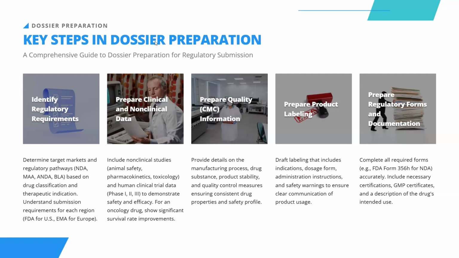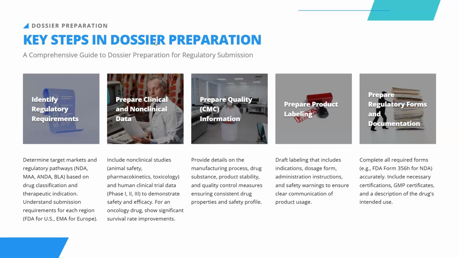Then you have to provide details on the manufacturing processes, drug substance, product stability, and quality control measures, ensuring consistent drug properties and safety profile. Then you have to prepare and draft the label that includes indication, dosage form, administration instructions, and safety warnings to ensure clear communication of product usage. And finally, you have to complete all the required forms like FDA Form 356h for NDA accurately.